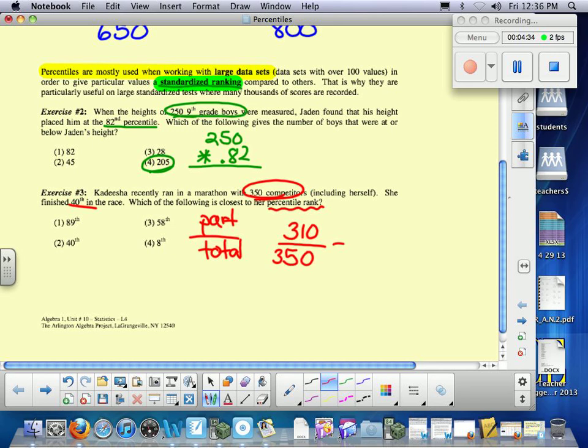Divided by the 350. I was talking about how to get the part. The 310 was the 350 minus her 40th spot. So divide those and then multiply by 100 to get the percentile rank. And I think I got 89.